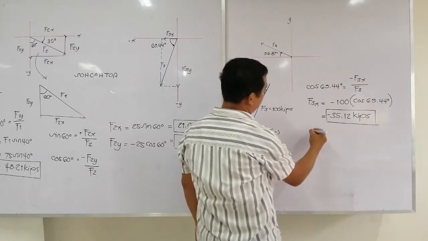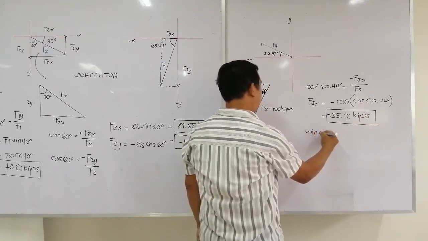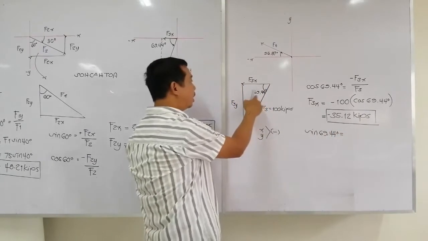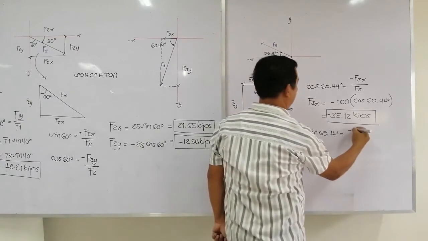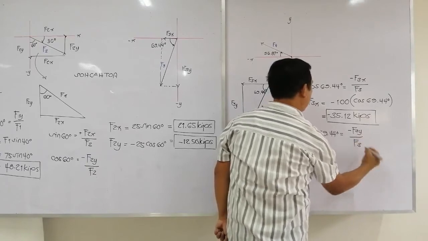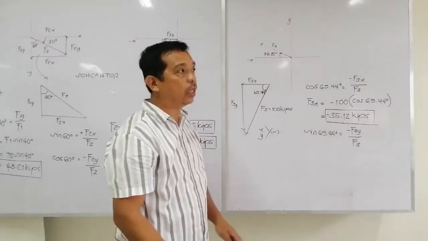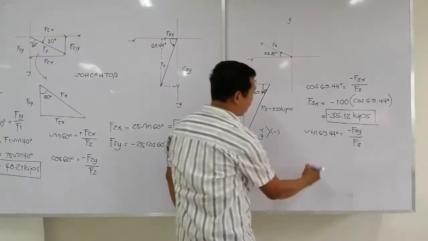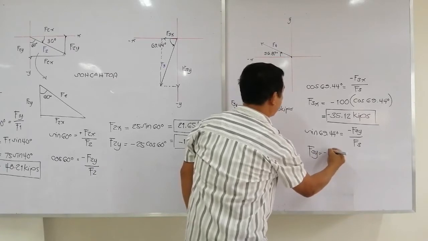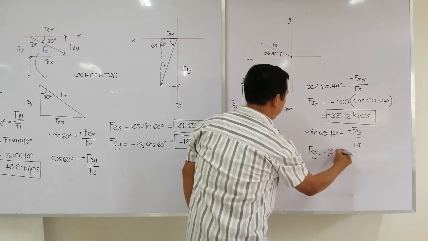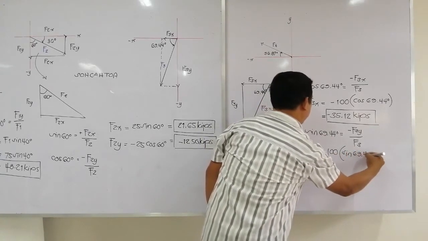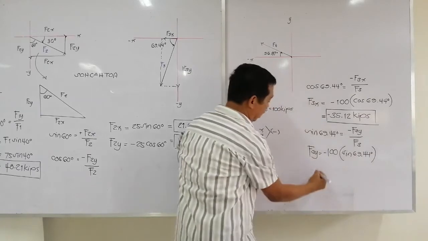And for your F3y, you will use sine of the angle 69.44 degrees. Sine is opposite, so that will be negative F3y over hypotenuse F3. Why negative F3y? Because it's in the third quadrant. Now, transposing, you can have your F3y as negative F sub 3, which is 100 kips, times the sine function of your 69.44 degree angle.